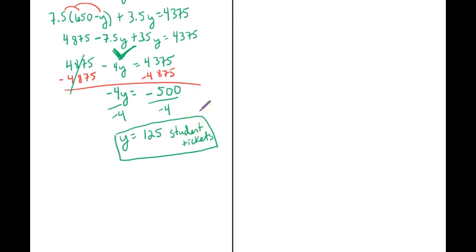Which makes sense, right? Since the total number of tickets was 650, if I take away how many were student tickets, that will leave me with how many were adult tickets, which is 525. So now we have 125 student tickets and 525 adult tickets.